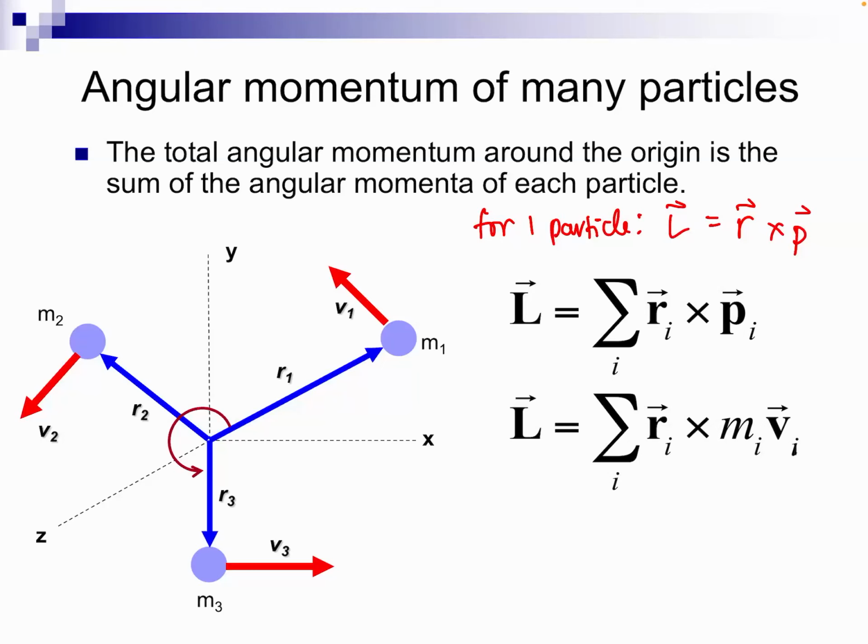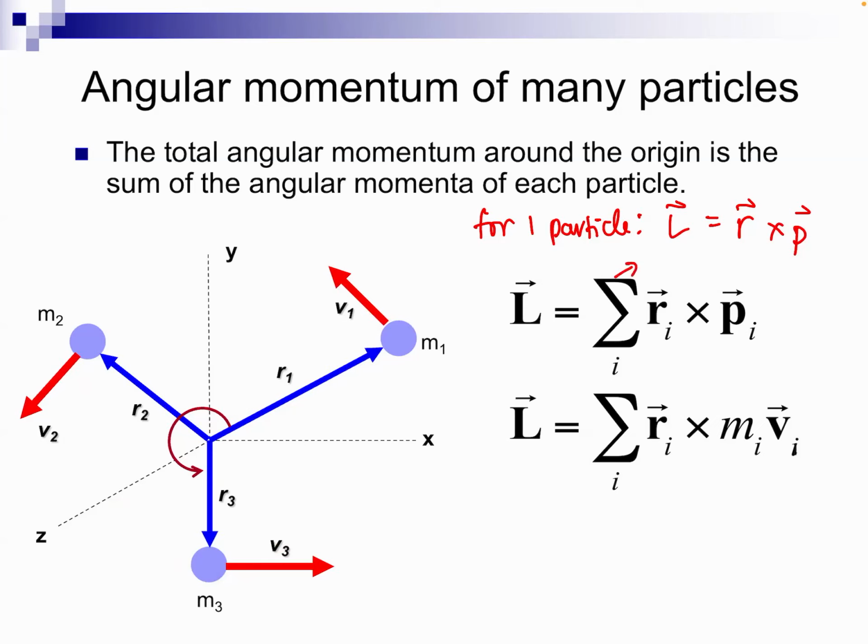Now, if you have more than one particle, so in this figure here, you have 3 particles with masses m1, m2, and m3. To get the total angular momentum, get the angular momentum of each by doing r cross p, and then add up all the angular momenta.